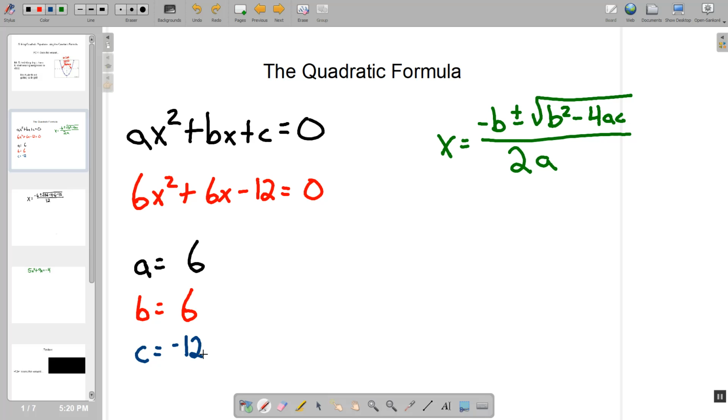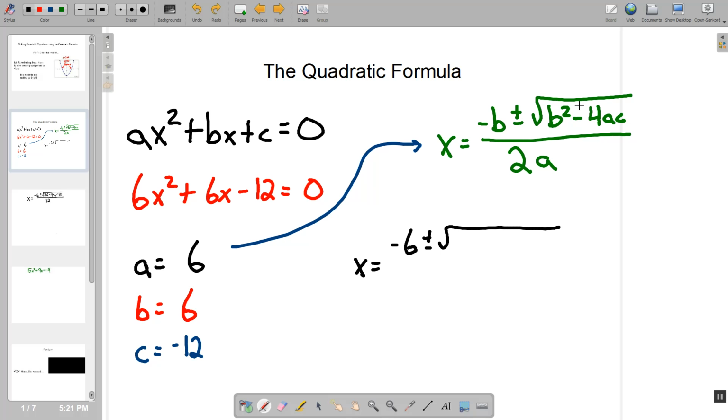Once we've found a, b, and c, all we have to do is plug them into the quadratic formula, and we should get our zeros. So let's see what that looks like. Since we're looking for the answer as an x, we always leave x equals at the beginning of the quadratic formula. Opposite of b, our b is 6, so I put negative 6 plus or minus the square root of b squared.